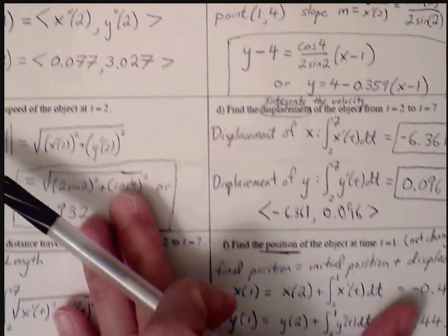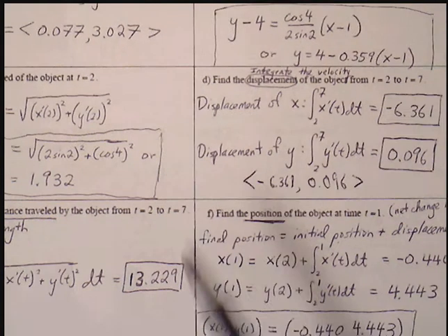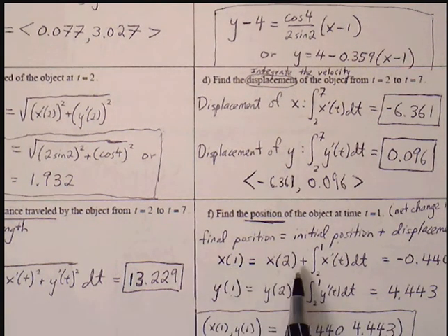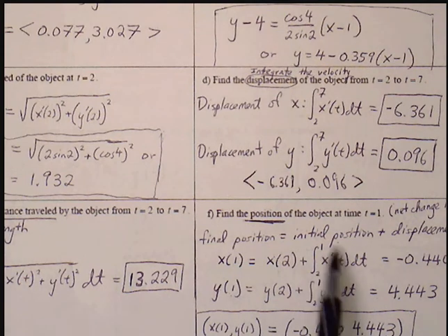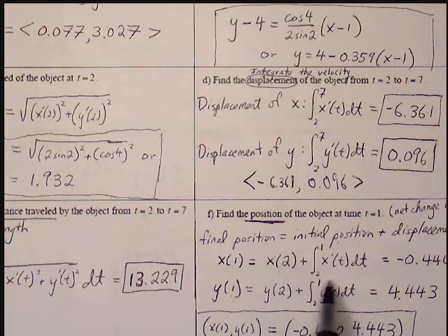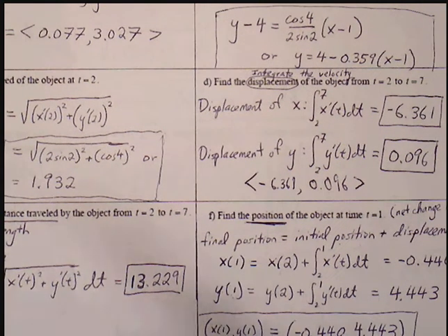If I want to get from my starting position at t equals 2 to my end position at 1, I need to go backwards. So the definite integral from 2 to 1 of x prime of t will be the net change in position that I'm going to have to take. That will take me back to x of 1.